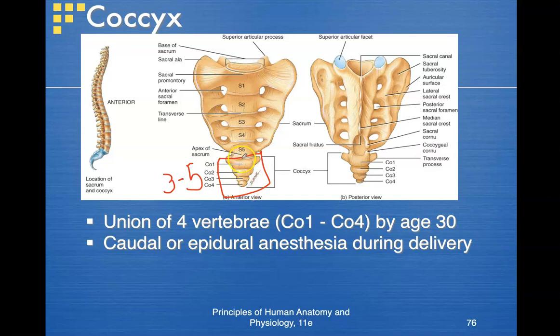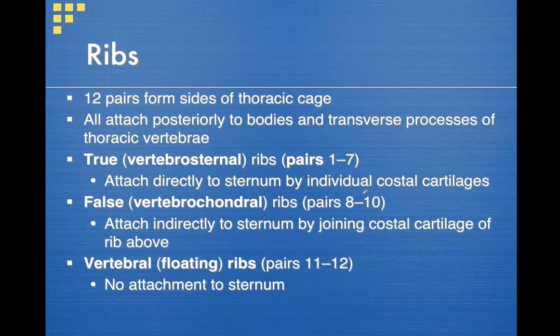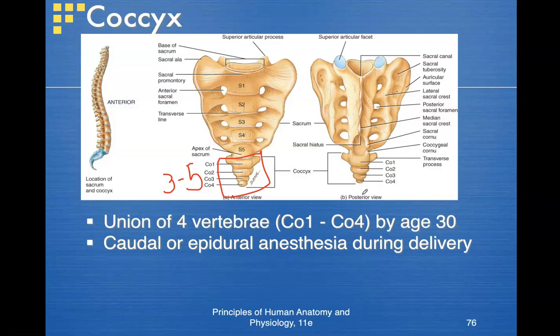And obviously you can see this bone is oftentimes easily broken. And what we call the caudal or epidural anesthesia is oftentimes given around here during delivery of a baby. And so that's why that's an important landmark.